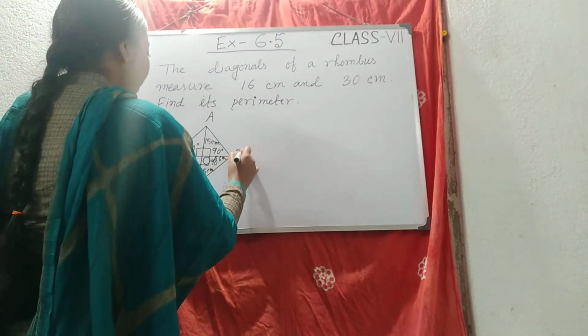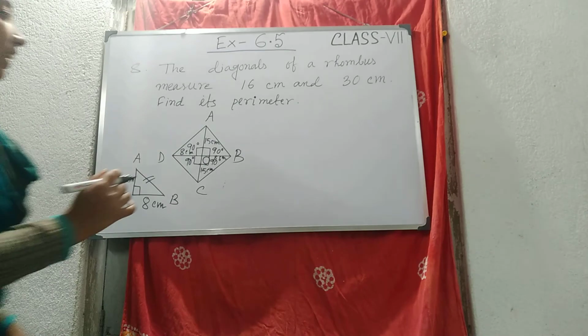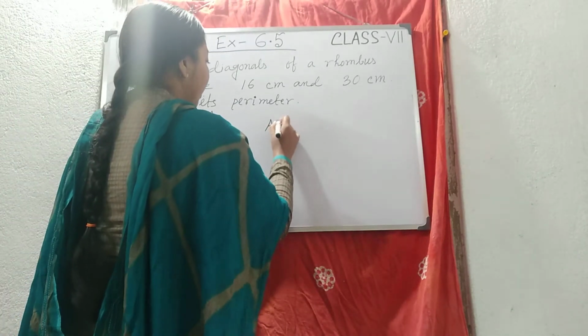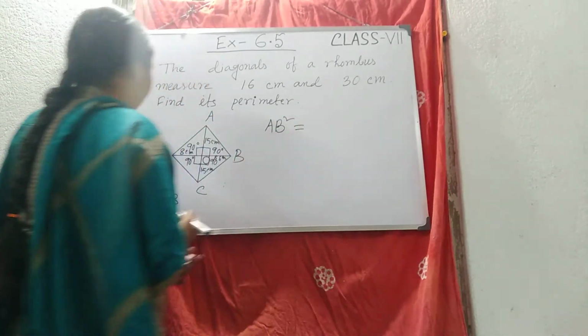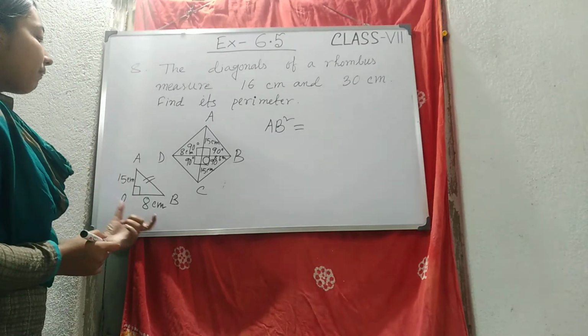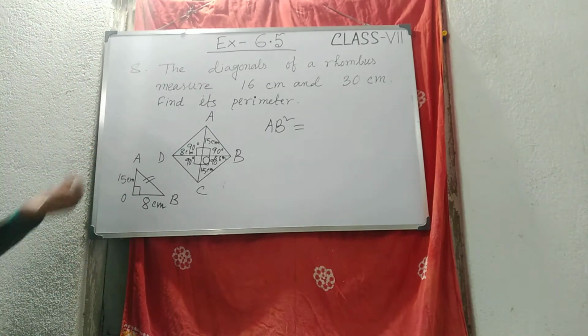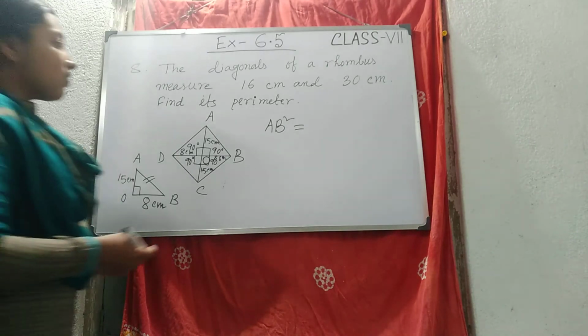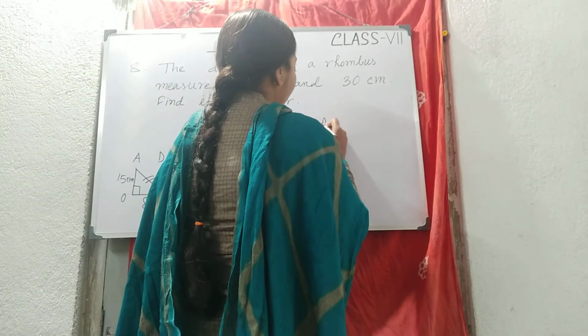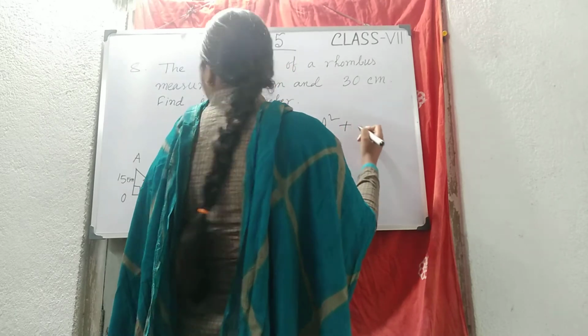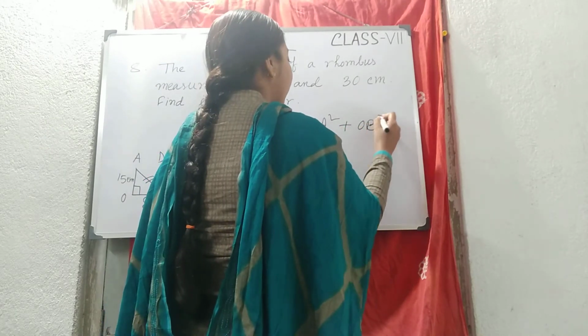So hypotenuse square we know, AB square equals AO square plus OB square, and this property is only applicable for right angle triangle. So AO square plus OB square.